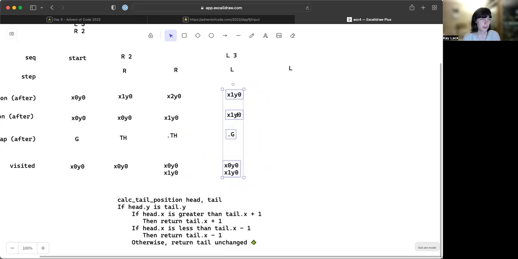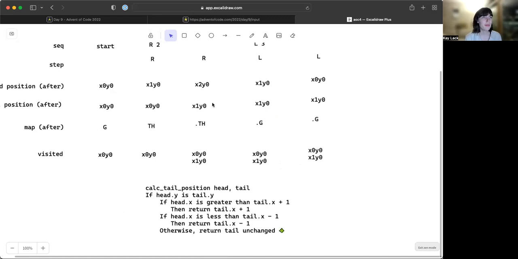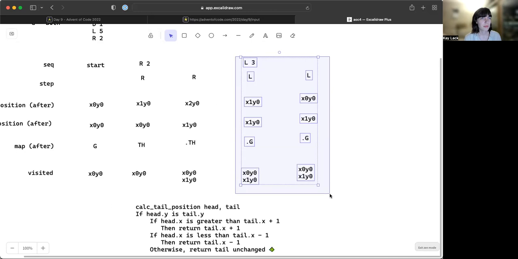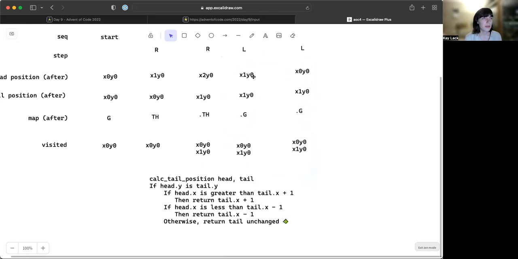Now let's try this again. Oh gosh. Zero. Actually, did I calculate that logic properly? Okay, let me try that again. Head y and tail y are the same. Is head x greater than tail x plus 1?